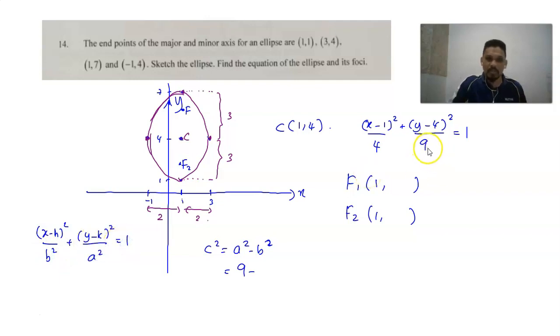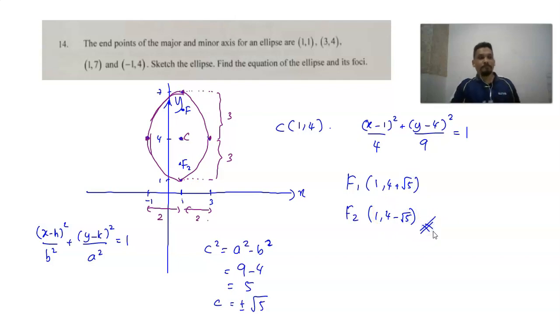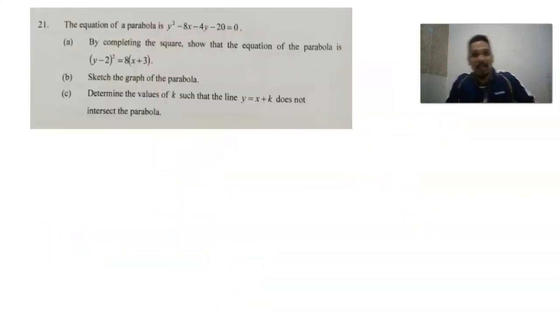So 9 is a squared, 4 is b squared. 9 minus 4 is 5, then c equals plus or minus square root of 5. So the foci are 4 plus square root of 5 and 4 minus square root of 5. Okay, get it?